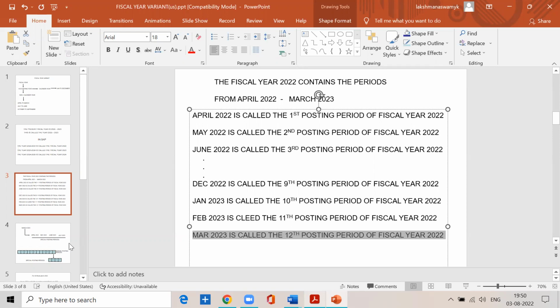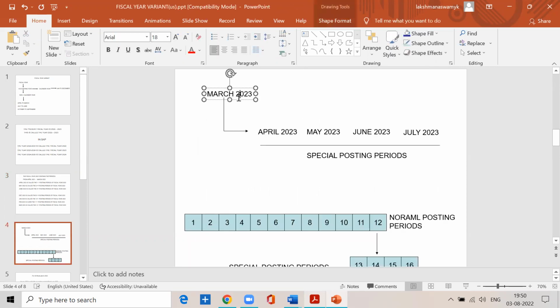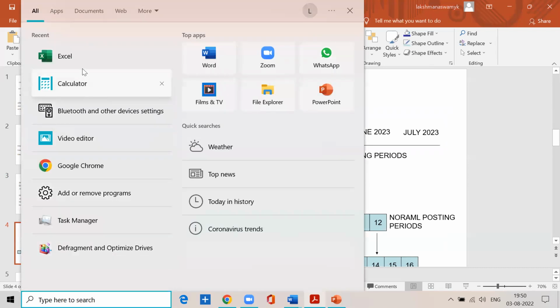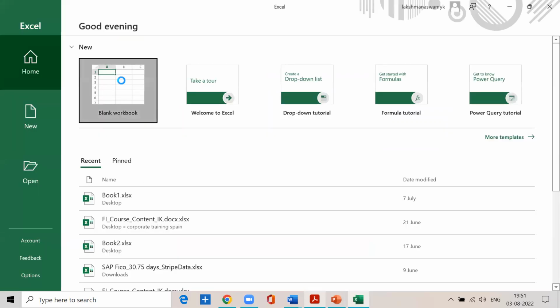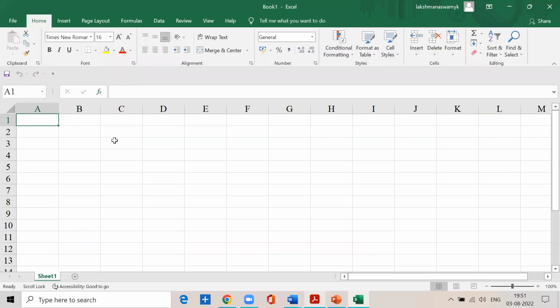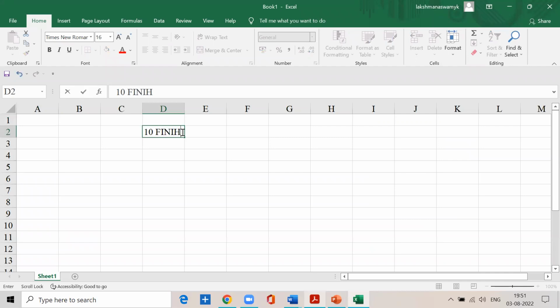Okay. Now, after 31st March 2023, in the case of Indian companies, we have to prepare financial statements, right? Now, say for example, in your company, we are producing and selling 10 finished products.